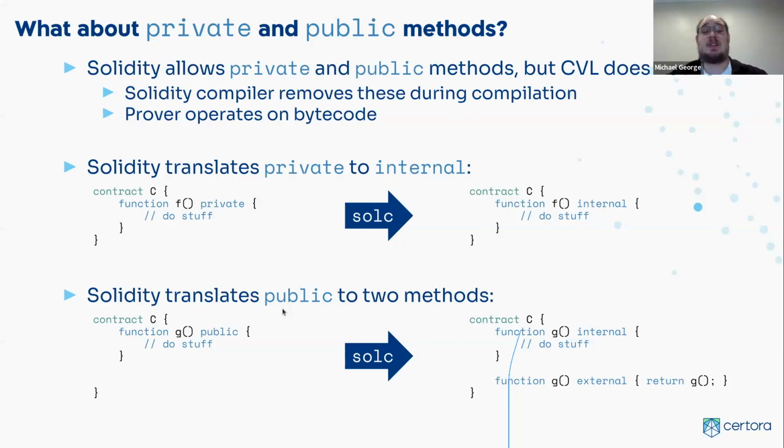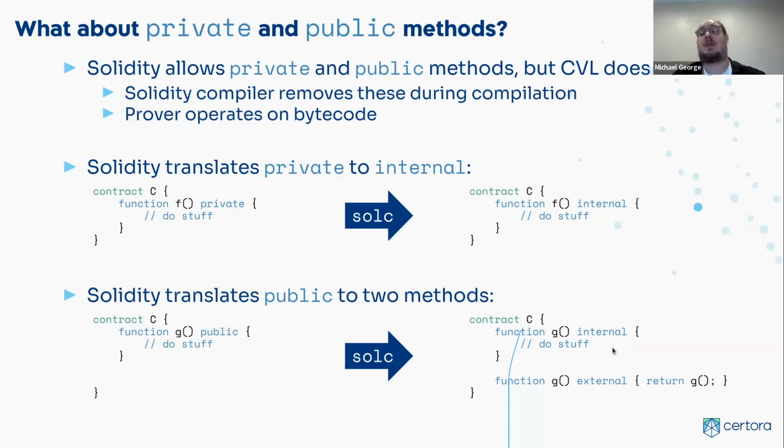The way that public works in Solidity, a public method generates both an internal and an external method. So the Solidity compiler will spit out both an internal and an external implementation. If I have this function G, I now have two functions G. And the internal one does whatever you wrote in your Solidity source code. The external one just calls the internal one.